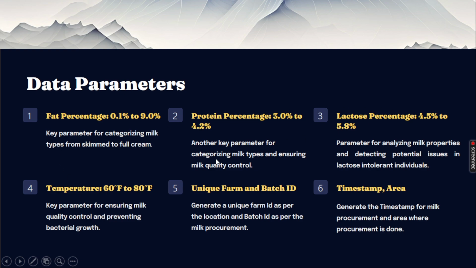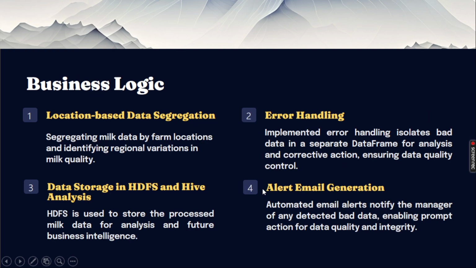During the milk procurement, the timestamp and the area are created at the data center, milk procurement centers. At the same time, a unique farm ID as well as batch ID are created.